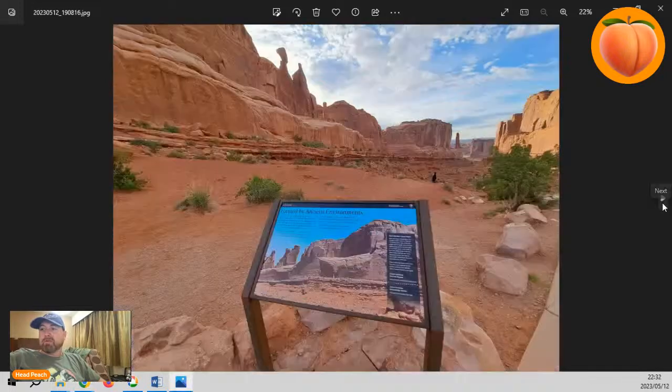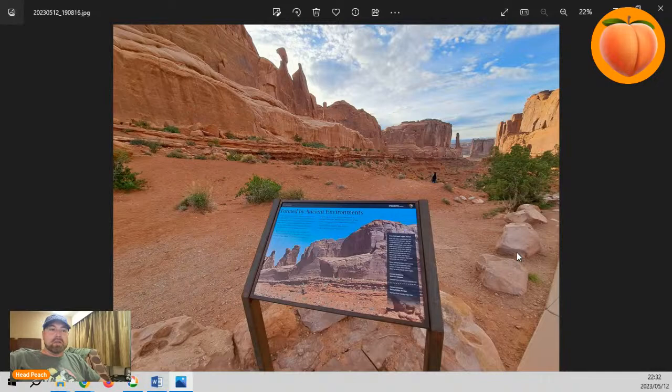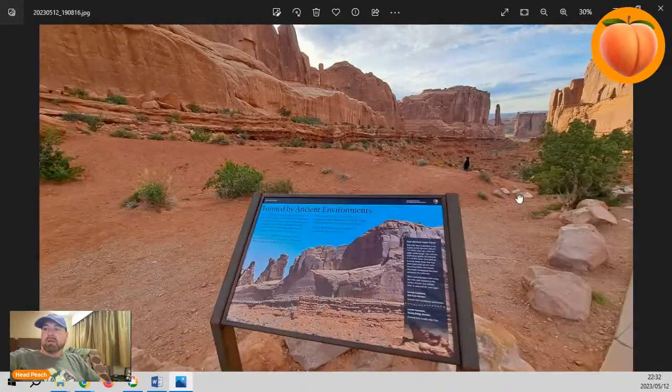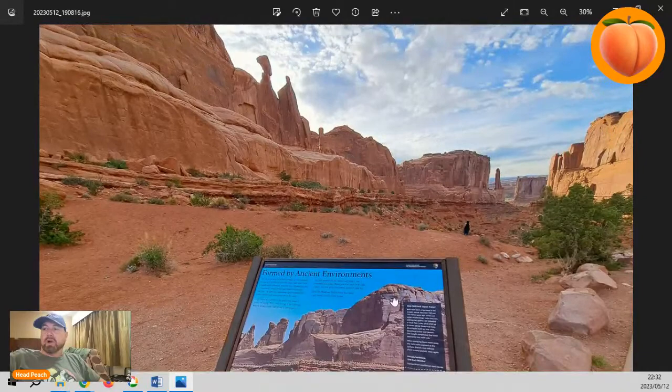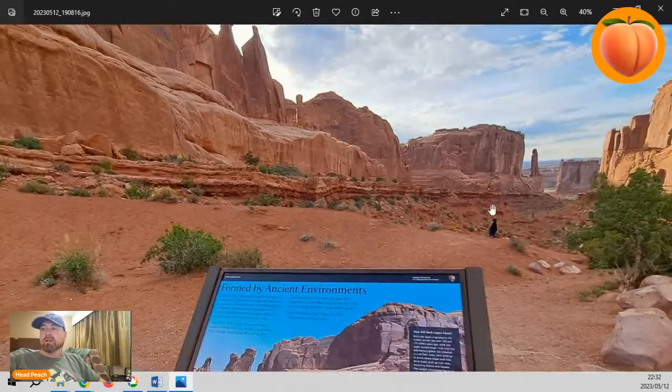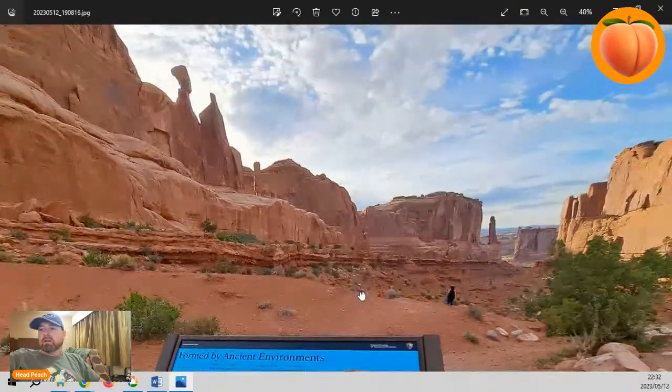So I'll put a couple of pictures aside. You can see quite clearly in this image the contrast between the rocks on the one side and the rocks on the other side, right?